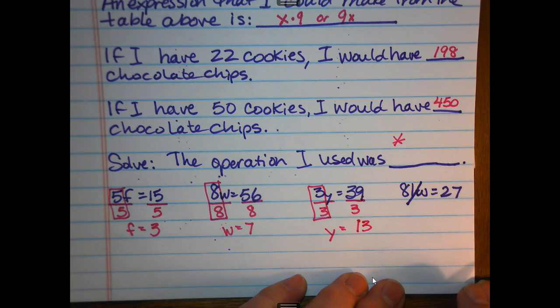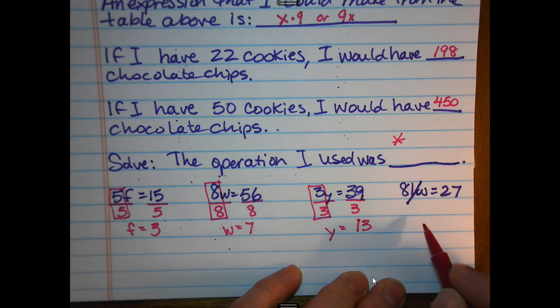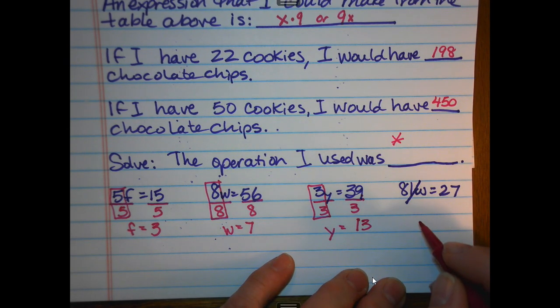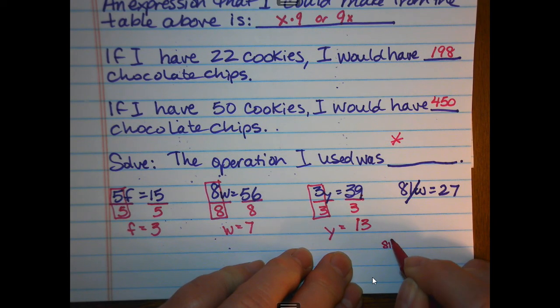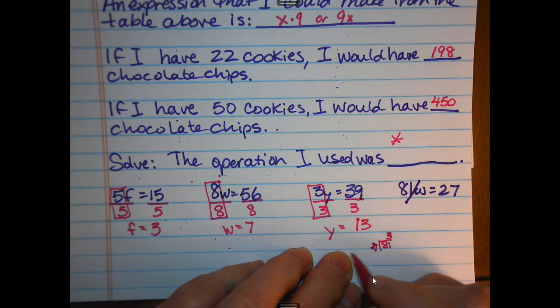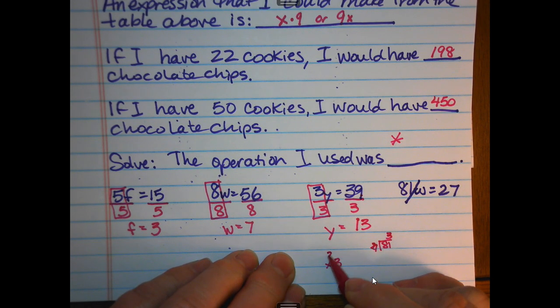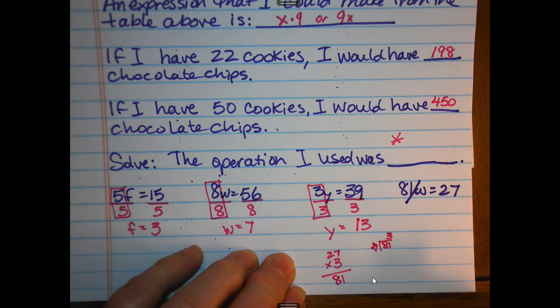And then we have our last one where we kind of mix it up a little bit. 81 divided by W equals 27. Now, in order to solve this, I can do 81 divided by 27 that way. And I get 3. 3 times 27 is 81.